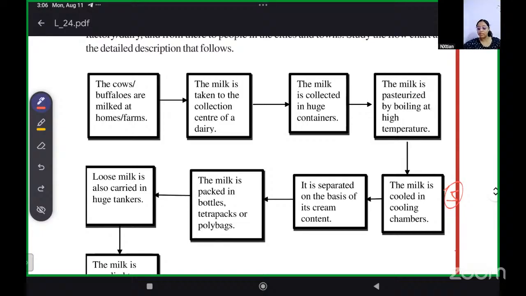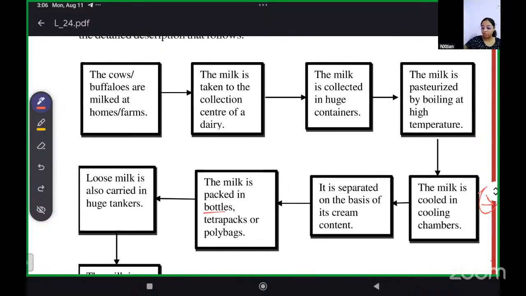Then the milk is packed in bottles, tetra packs or poly bags. Okay, what are tetra packs? Tetra packs are also the packaging in which we get the milk. We have milk bottles, we have the milk poly bag or milk tetra bag, like a special bag that the milk comes in.